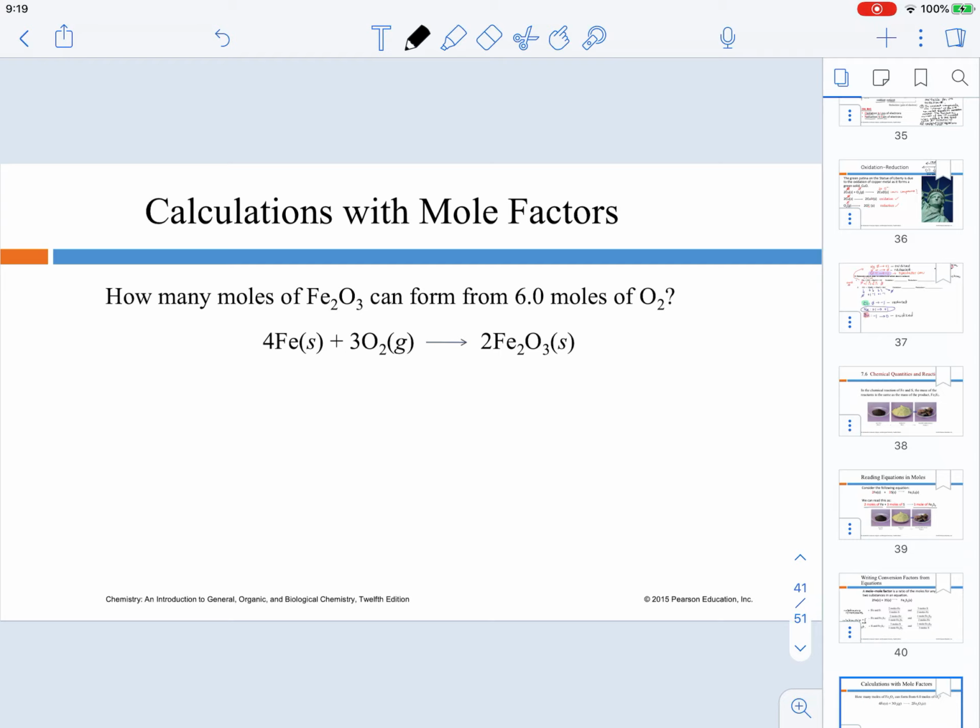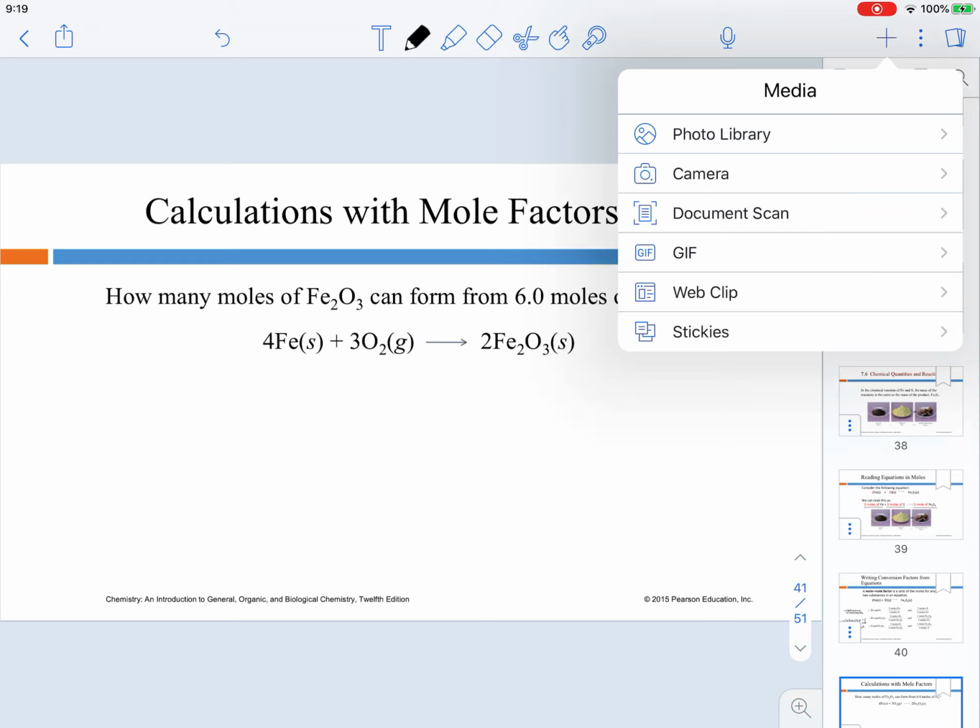So as you can see, in this problem, the question states, how many moles of iron 3 oxide can form from 6.0 moles of O2? So whenever you're looking at relationships in chemical quantities based on a chemical reaction, understand that you need to have a balanced chemical equation.